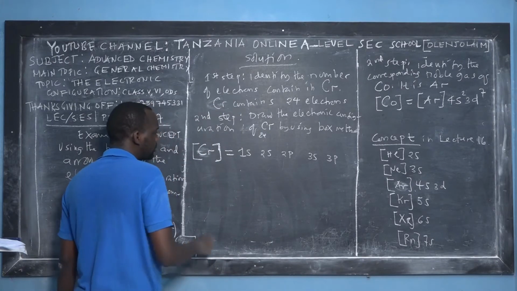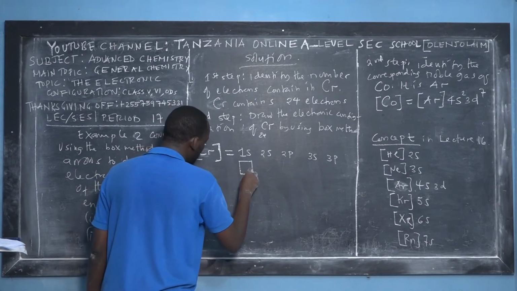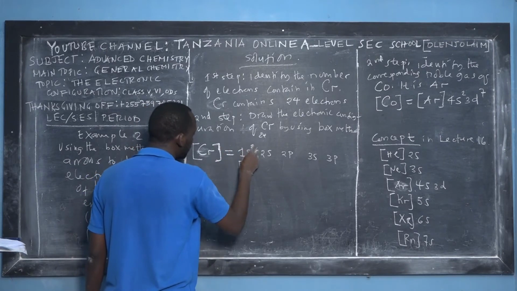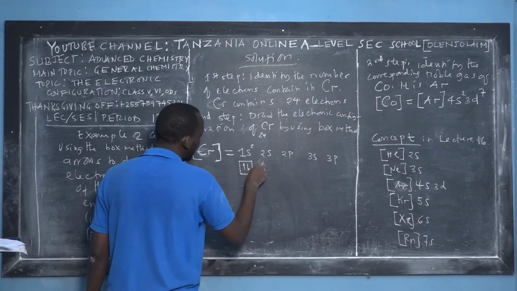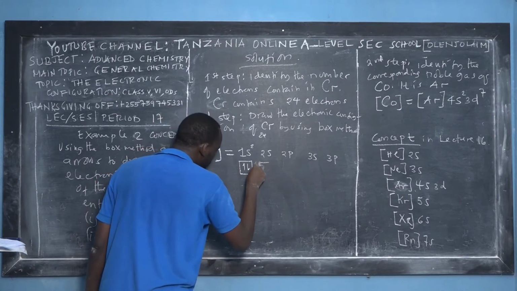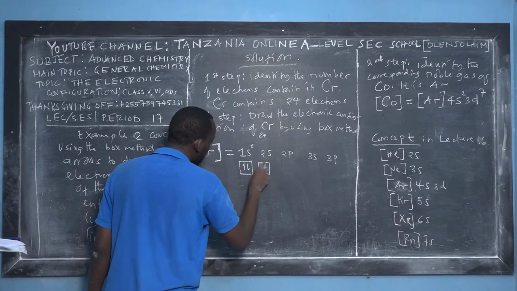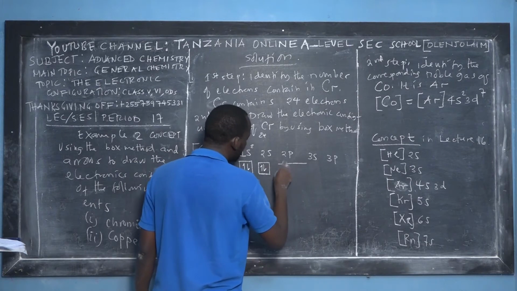And then now we start to draw our orbitals. This is the s orbital, because it contains a maximum of 2 electrons. So here we have 2 electrons.